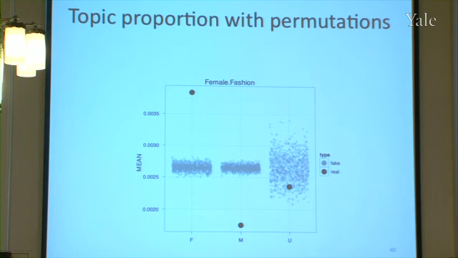So we're very confident that female authors and male authors use this topic at different rates. The unknown authors are sort of within the range that we would expect if there was no real correlation. And if you've heard about p-values, the p-value means how many gray dots are below the black dot, what proportion of them.